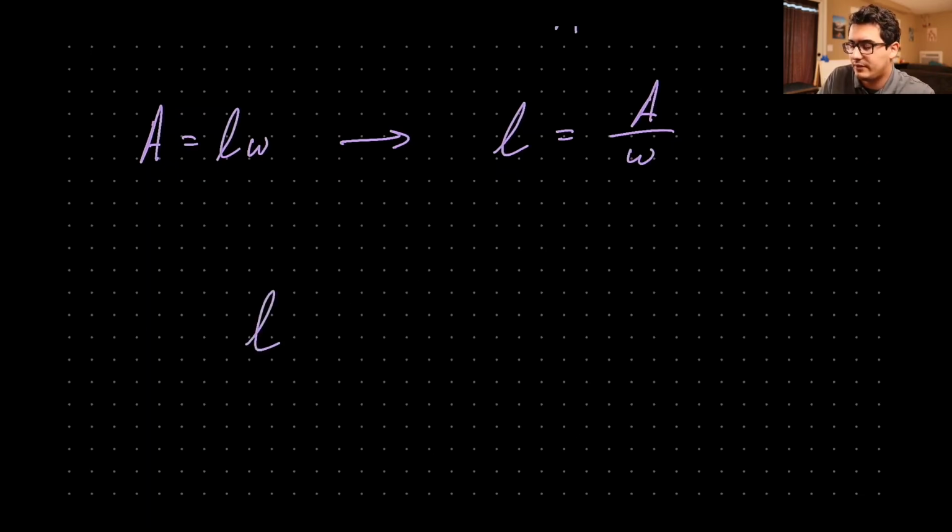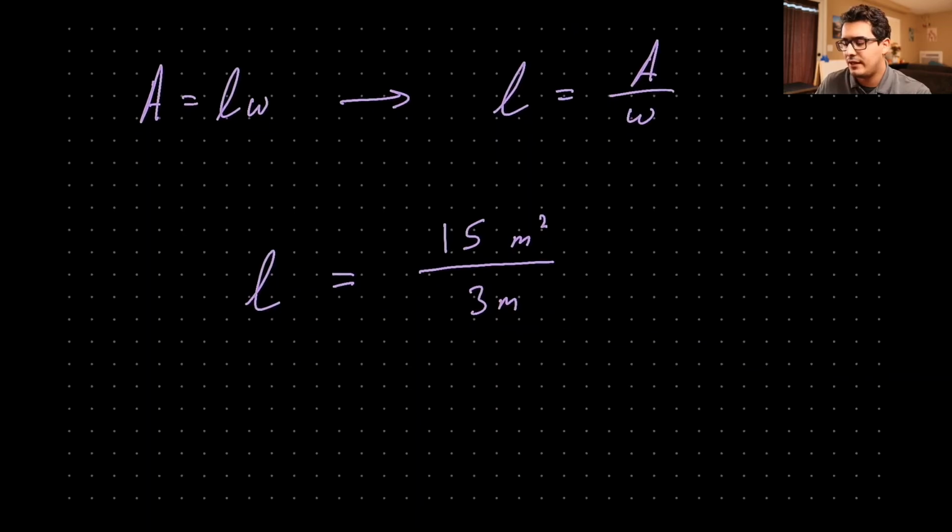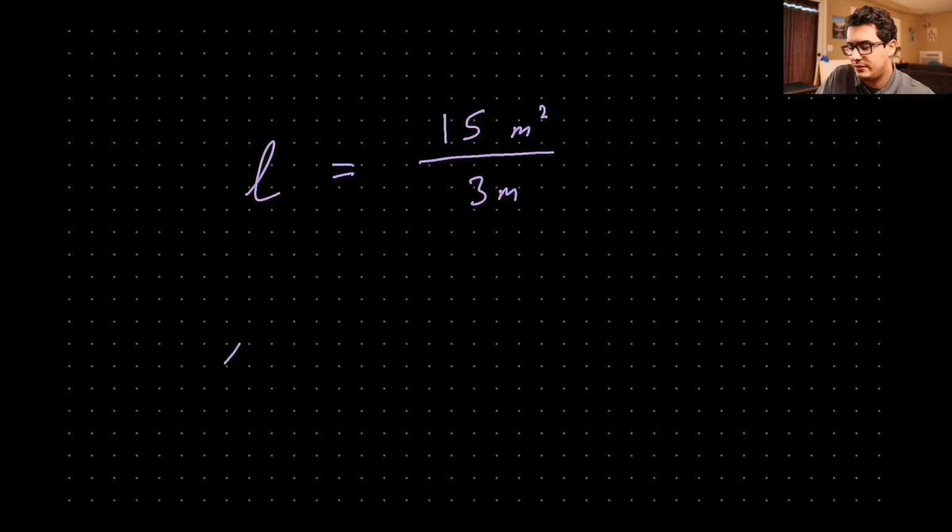So the length here is equal to 15 square meters over 3 meters. And what I want you to think about is that the units here work the same way as the numbers. So when you're looking at this, you can think about the order.